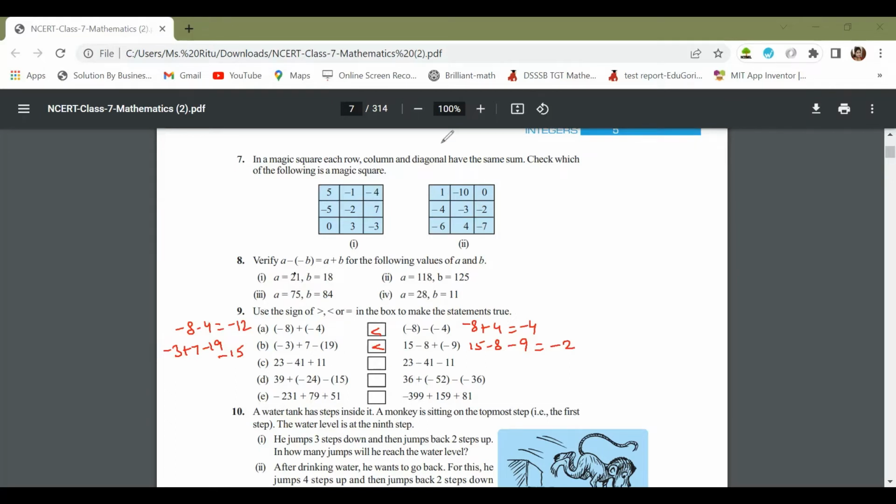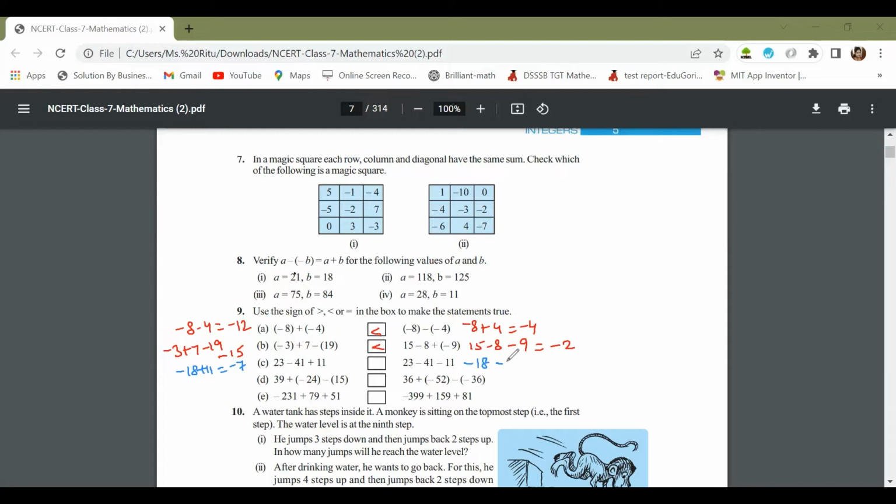C part. In the C part, 23 minus 41 plus 11. So 23 minus 41 would be minus 18, plus 11. So minus 18 plus 11 would be minus 7. Now the right side, 23 minus 41, again it's the same, right? 23 minus 41, it's minus 18.